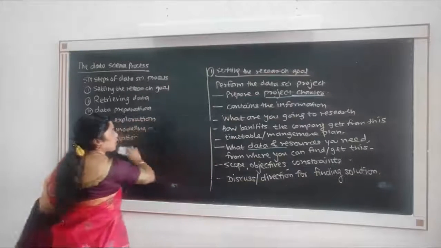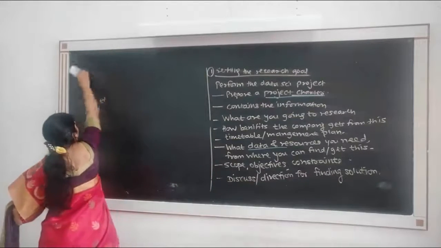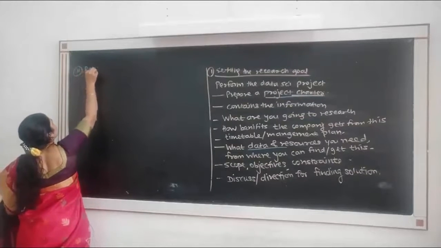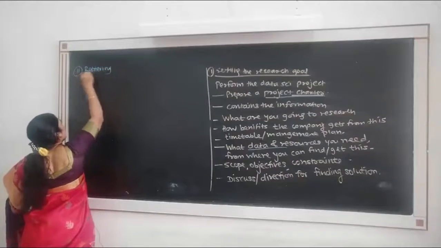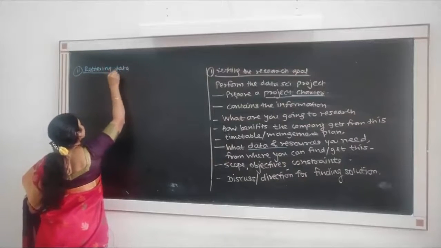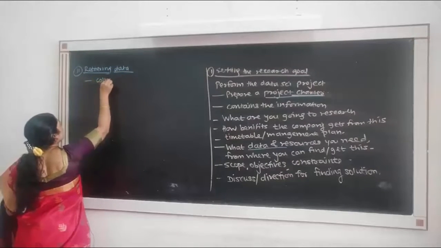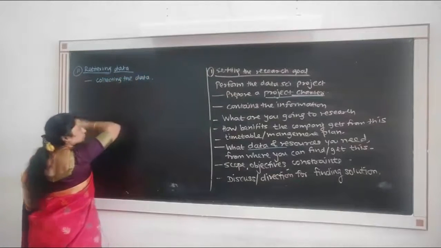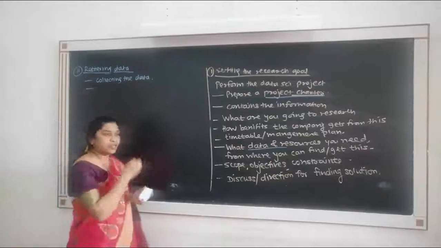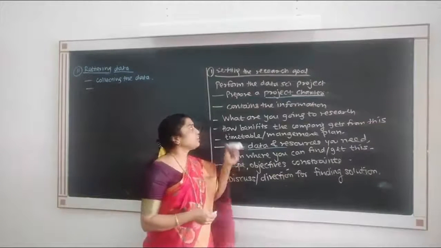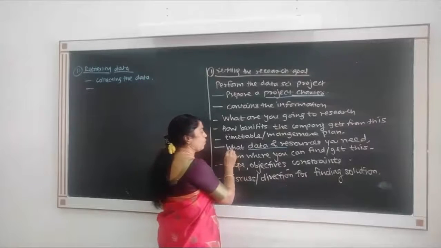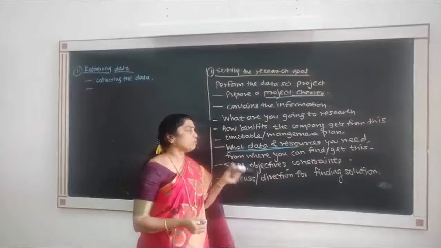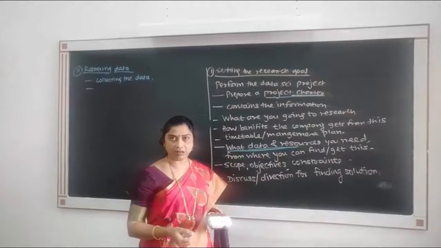The second step is retrieving the data. What is meant by retrieving data? That is, collect the data. In the first step, that is in setting the research goal, you have explained what type of data and resources you need and from where you can find this data.